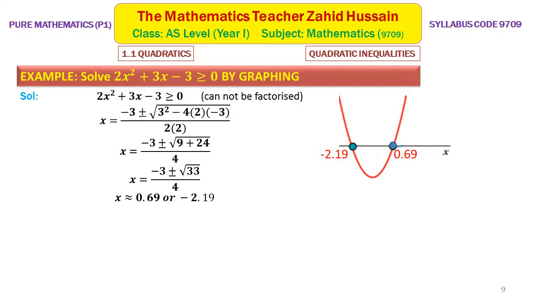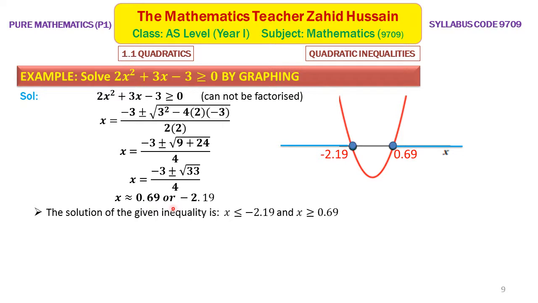So we need this point and all these values, and this point and all these values. So the solution of the inequality is x less than or equal to minus 2.19 and x greater than or equal to 0.69.